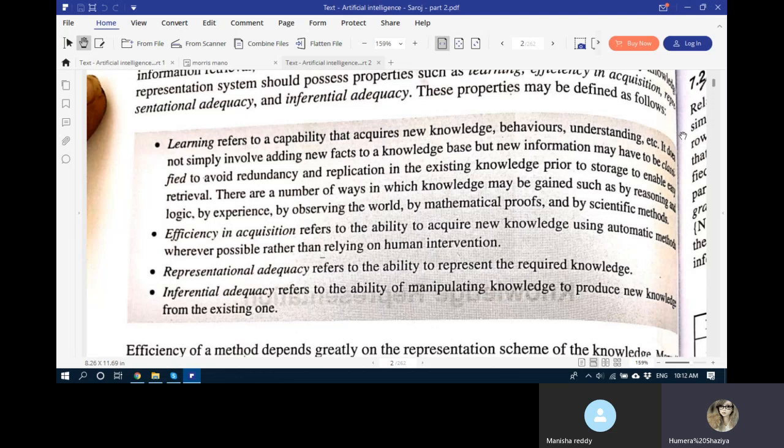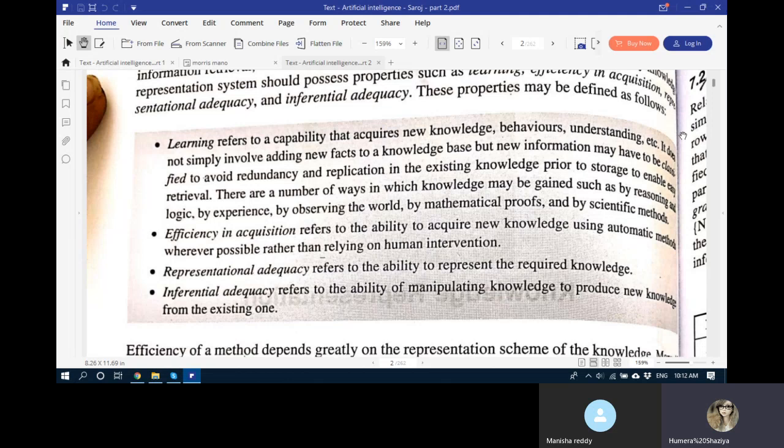What it means is, without any human intervention, the machine must be able to do the process of acquiring new knowledge efficiently and gain new knowledge. That is efficiency in acquisition.